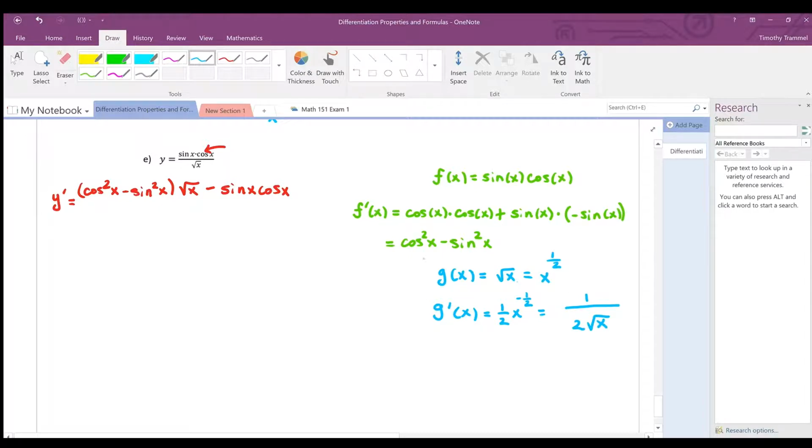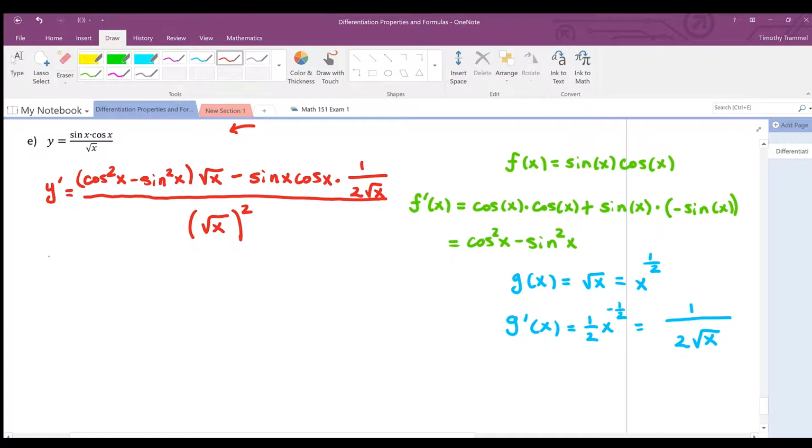There we go. And so I'll put that here. G prime of x should be 1 over 2 root x. Then the next thing is you want to square what we have here in the denominator.